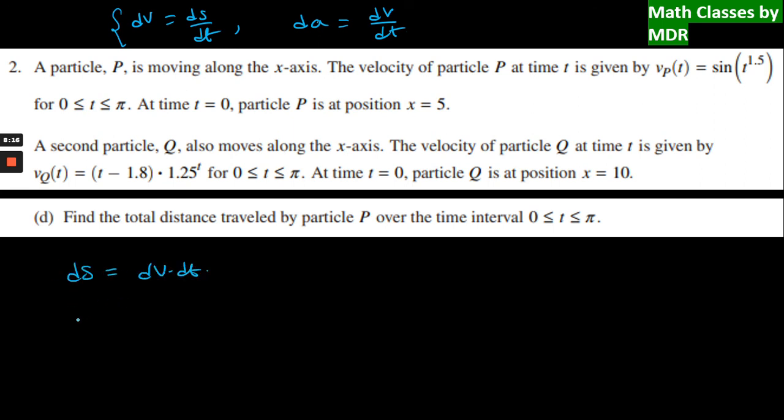So the total distance traveled is the integral from 0 to π of |vP(t)| dt. On simplifying this, you will get 1.931. So the total distance traveled by the particle P is 1.931 over the interval 0 to π.